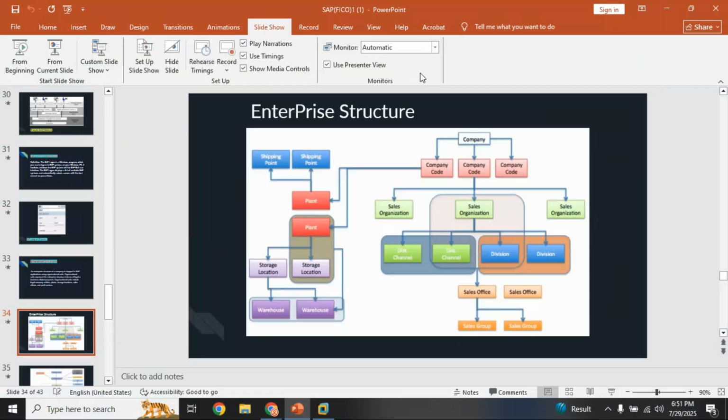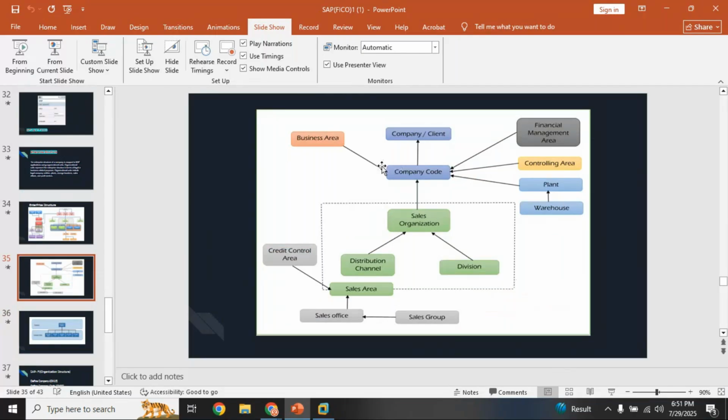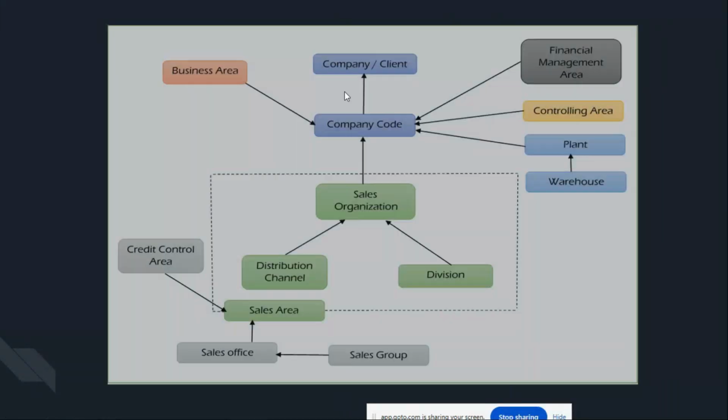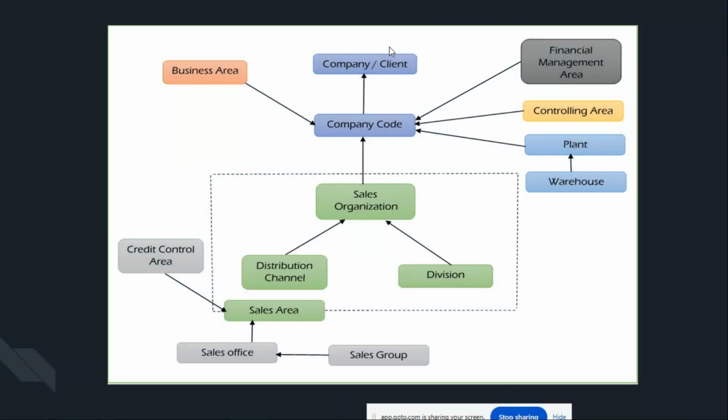Even I want to show you one structure here. Sales organizations, different departments, plants, storage locations, warehouses, distribution channels, sales offices, store groups, sales groups, all these things are there. So this is your business area. Like the Tata Group of Companies, suppose it is in Bangalore, Hyderabad, Kolkata.